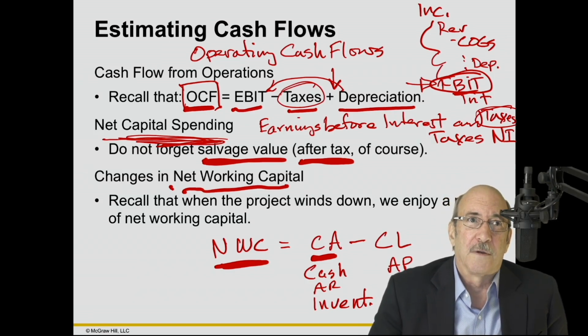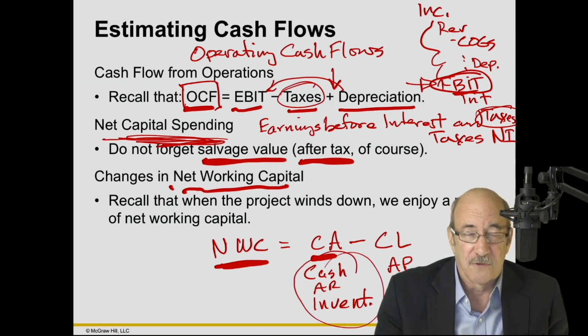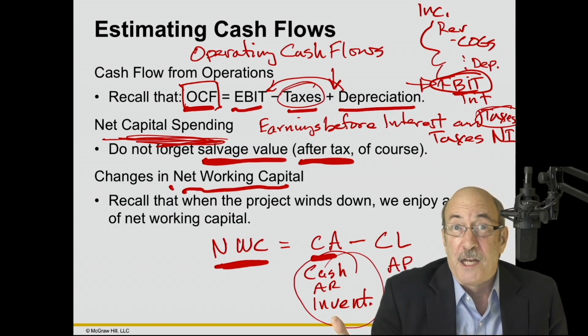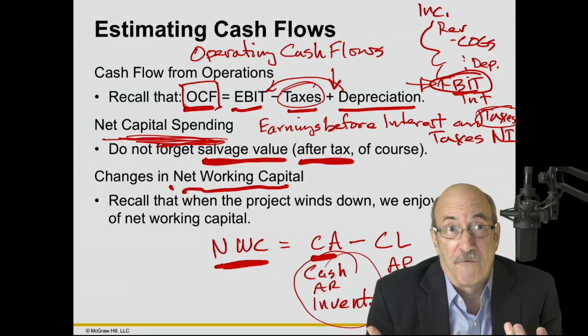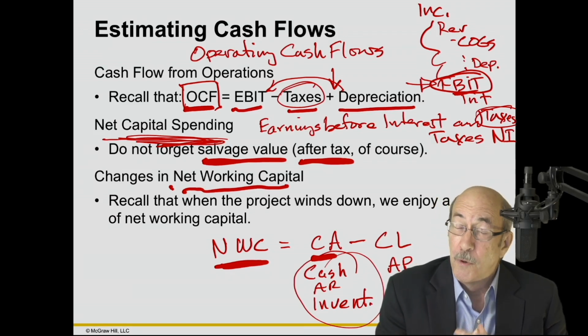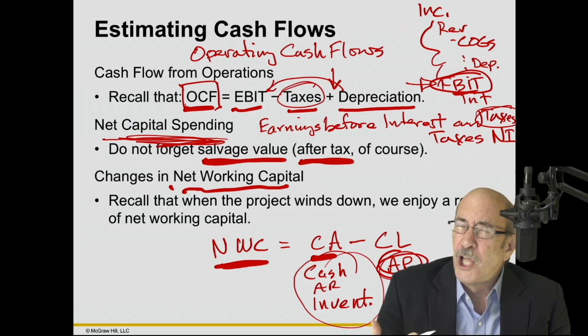Think about it this way. These current assets, this cash, this accounts receivable, this inventory, we've got to have some way of financing that, right? The inventory, they didn't just give us the inventory. We had to pay for it. Where did that money come from? Well, part of it came from accounts payable, because that's sort of like a loan, right?